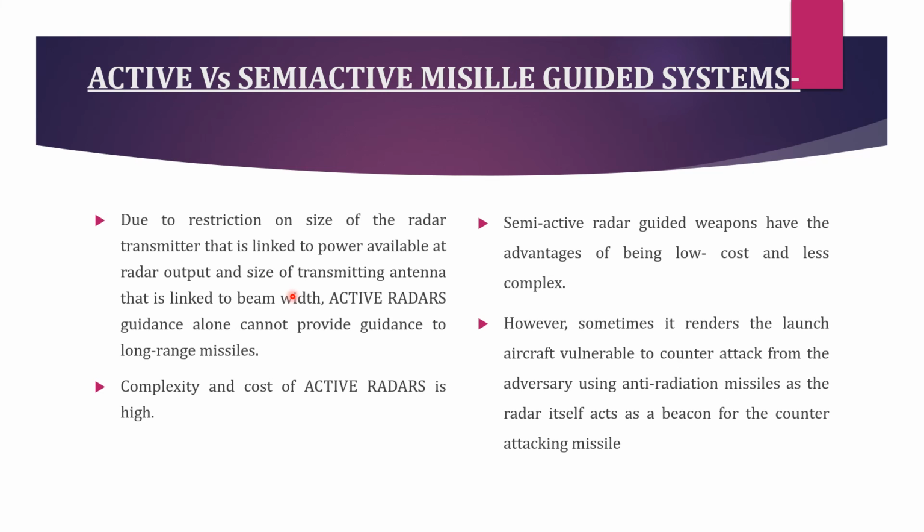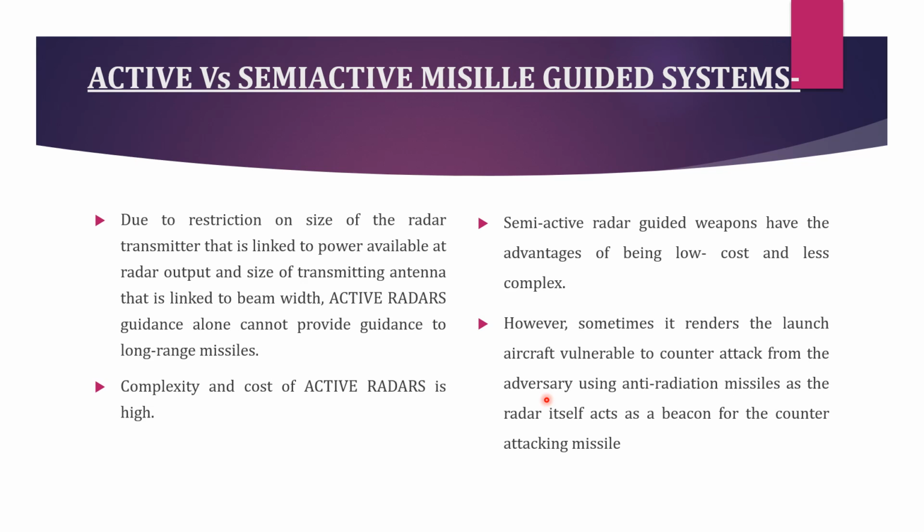But active radar systems are more secure as compared to their semi-active counterparts, because the launch aircraft will not be in existence after the missile is launched, and the missile itself is equipped with onboard tracking systems to track the enemy aircraft or the target aircraft to destroy it.